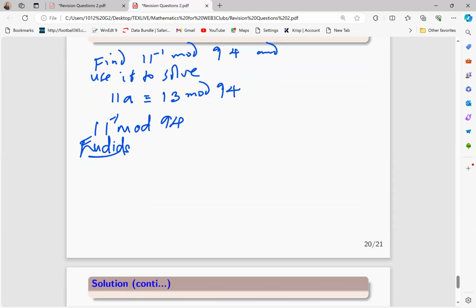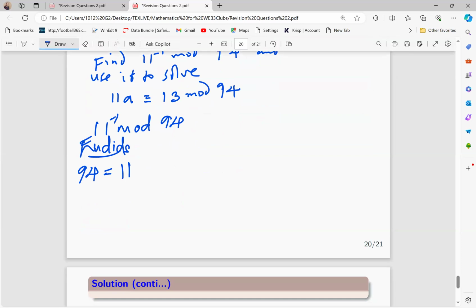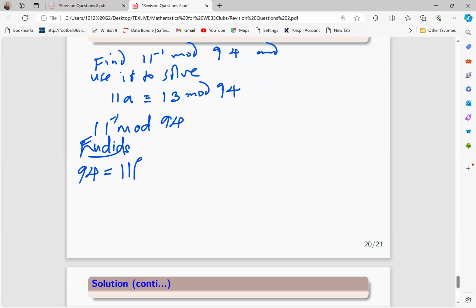So after you do the Euclid, which is 94, which is equals to now the 11, 11 like this. So how many times does 11 go to 94? I guess 8 times. The remainder remains 6 plus 6. Then let's continue.